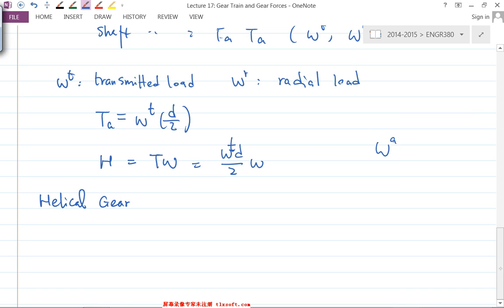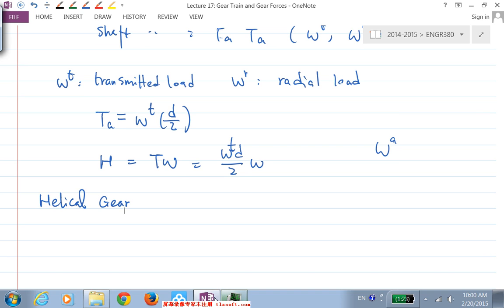Before we look at the helical gear force, we have to go through a certain set of terminologies for helical gear.